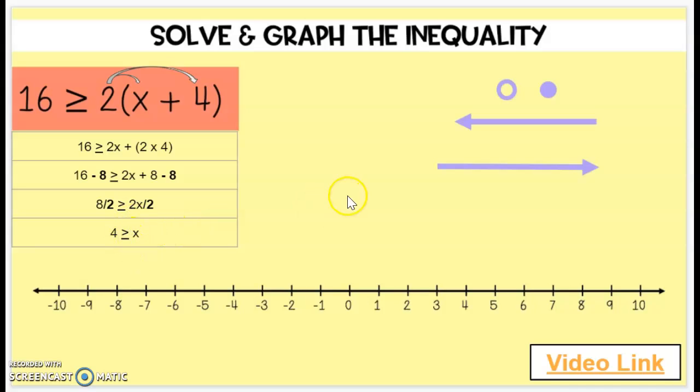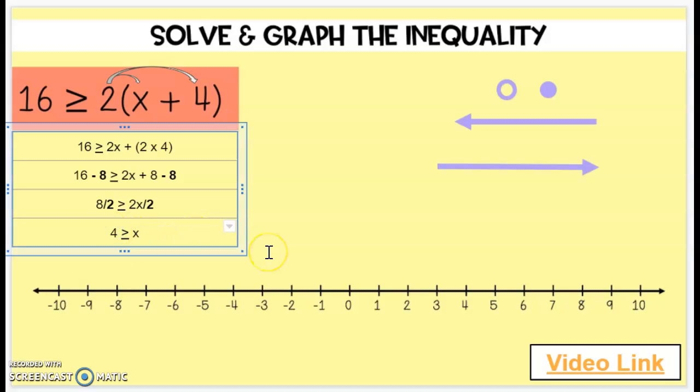Right now it's on the right side. So I'm going to flip this whole solution. I'm going to put the variable on this side and the 4 on that side and flip the inequality, because right now it says 4 is greater than or equal to x, which means if I read it from right to left, x is less than or equal to 4.